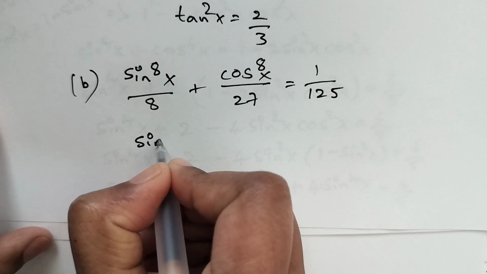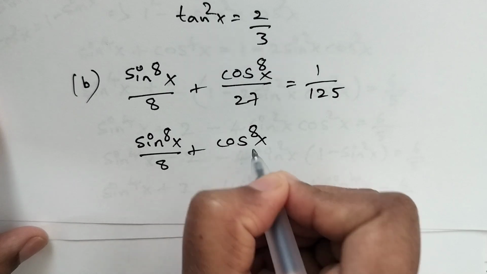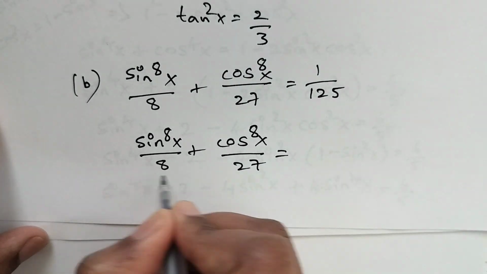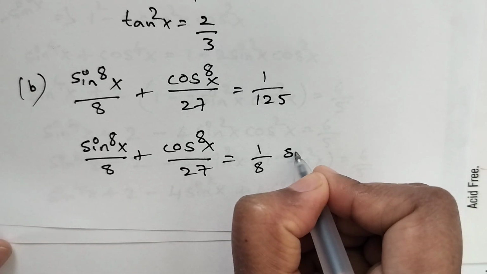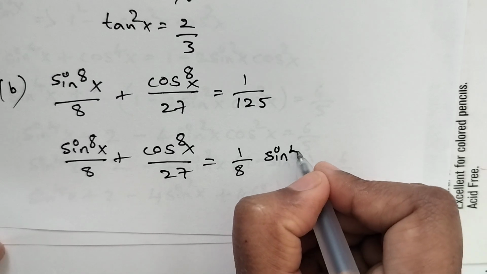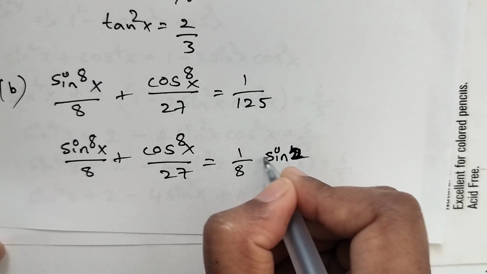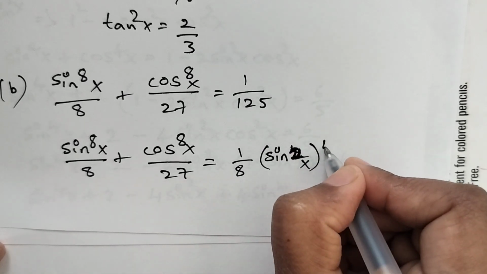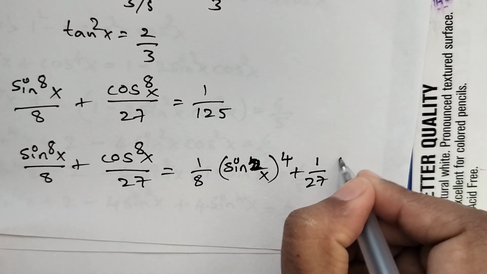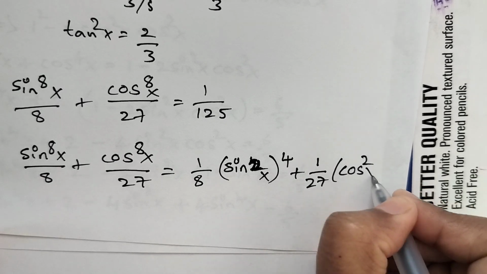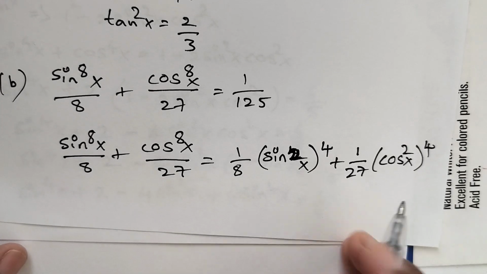So sin power 8 x divided by 8 plus cos power 8 x divided by 27. So this term we can write as 1 by 8 (sin square x) whole to the power of 4 plus 1 by 27 (cos square x) whole to the power of 4.